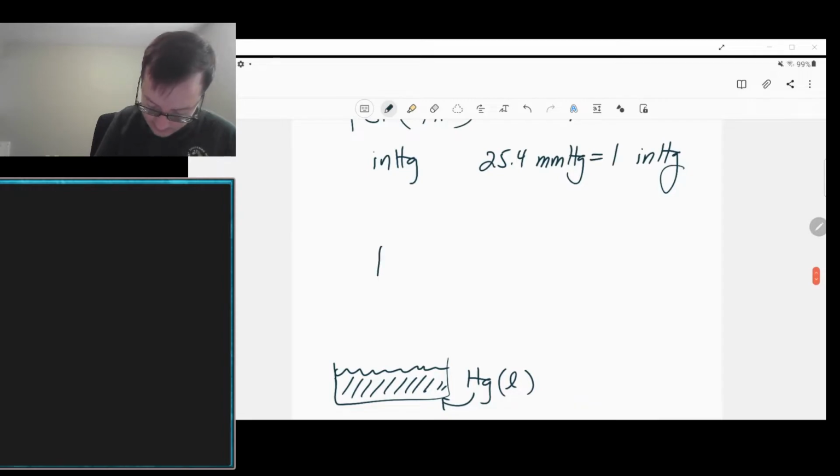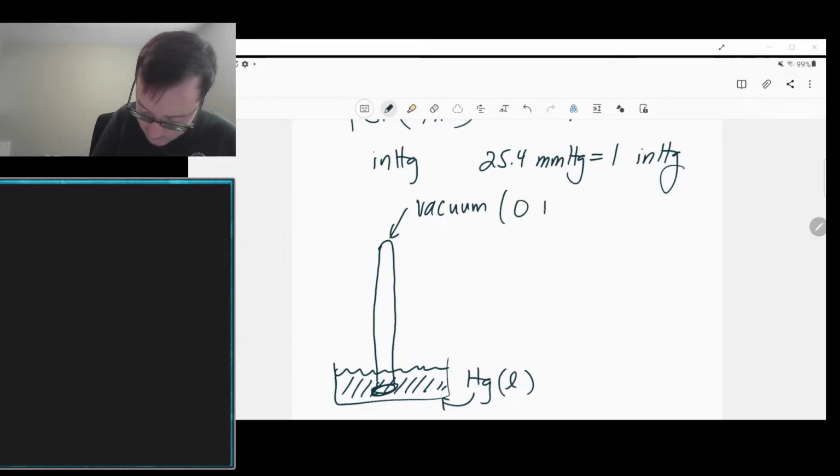And so what they did was they put a tube upside down into this thing of mercury. And they applied a vacuum, which is ideally zero pressure or a very small pressure.